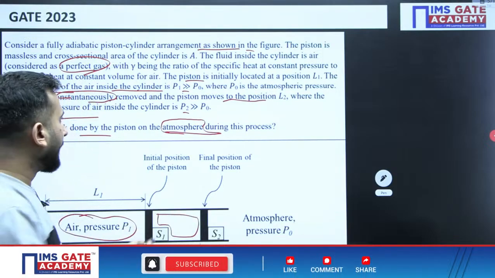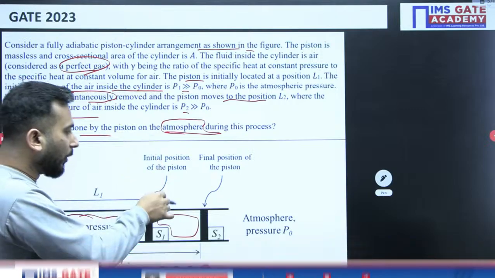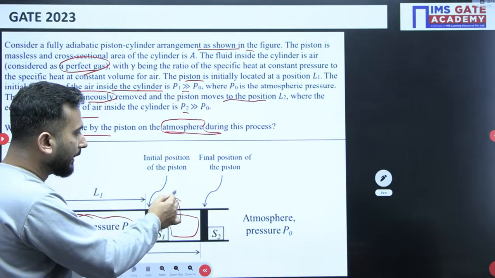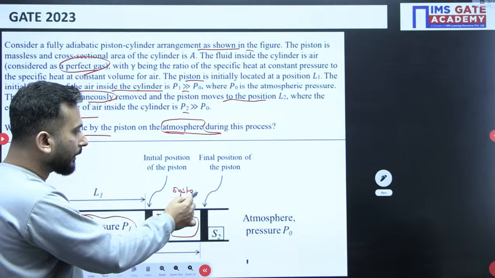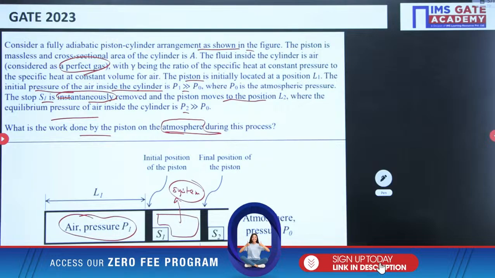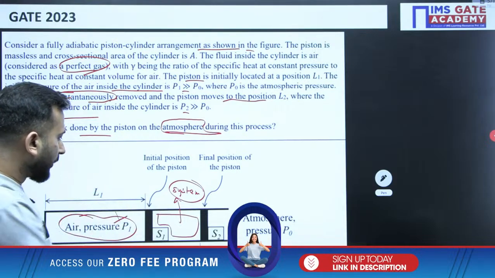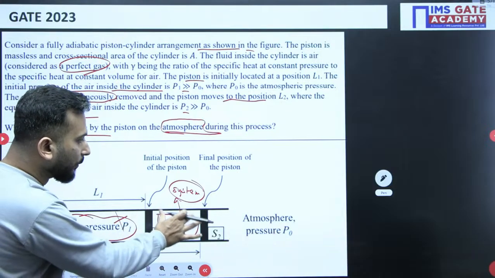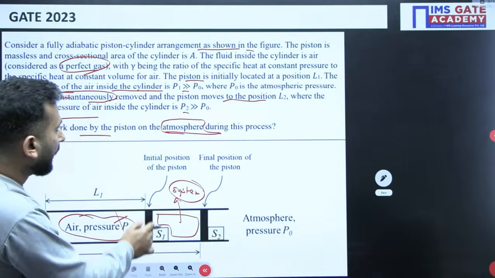And he is saying, what is the work done by the piston on the atmosphere. That means your atmosphere is going to be your system over here. So this is your system, not this. This is not your system. This is your system.